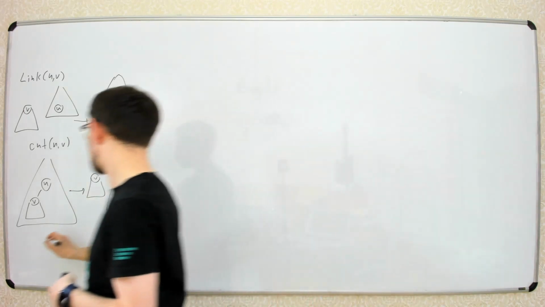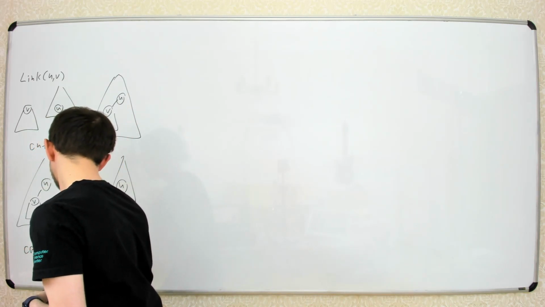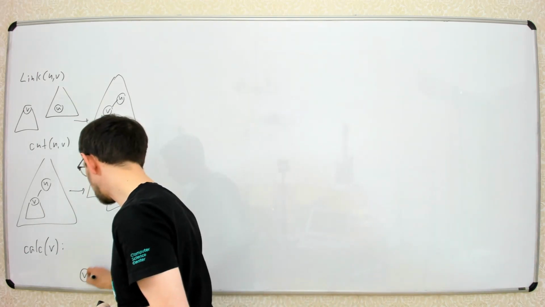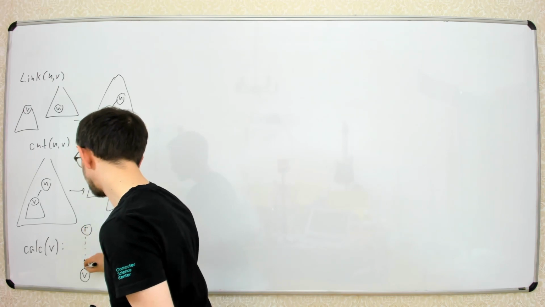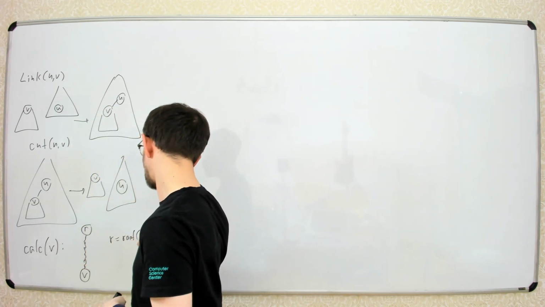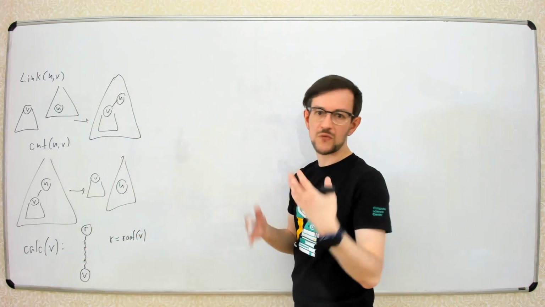So I need another function, calc for V, and this operation takes the path from node V to the root of your tree. So this is the path, where R is the root of V, and I will calculate some function on this path.